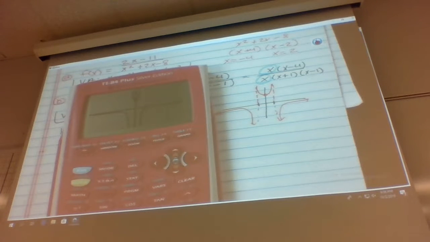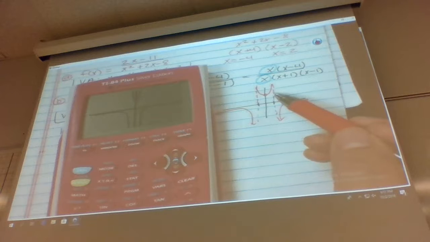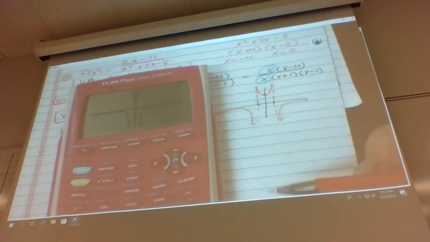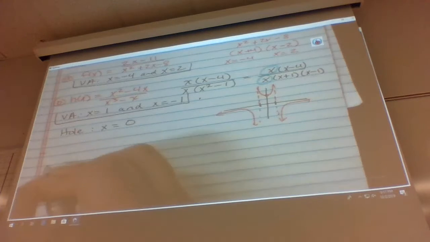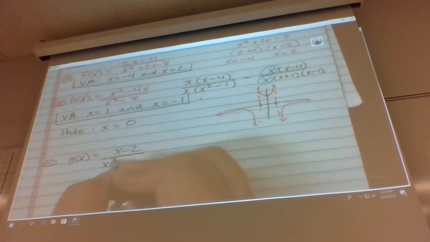Okay, the last one to try from this section. C of x equals x minus 2 over x cubed minus 5x. Can you factor anything on top? No. Can we factor anything on the bottom? Yes. An x, and we end up with x squared minus 5. Can we take that any further?